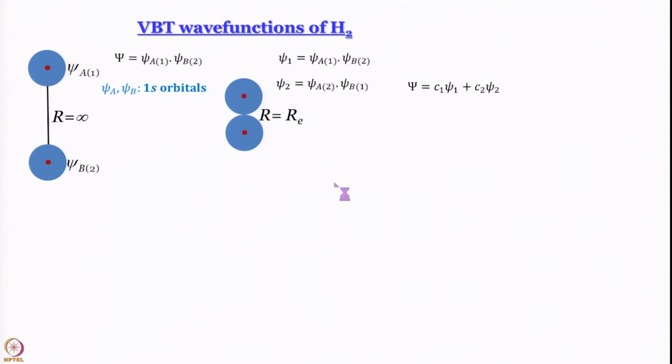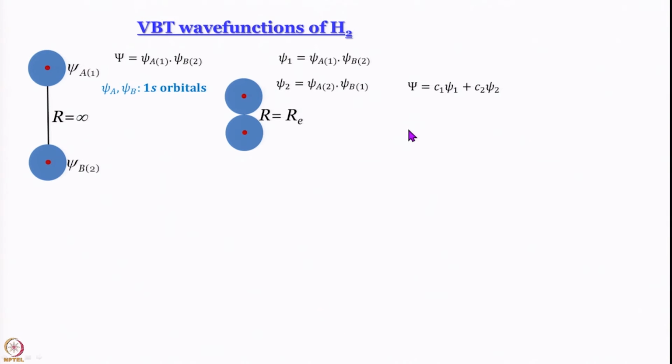Alright. What is the wave function then? The wave function would be capital Psi equals C1 psi 1 plus C2 psi 2. We are going to evaluate C1 and C2 maybe in the next class, but we can make a sort of guess at what C1 and C2 could be if we do not worry about normalization of psi.